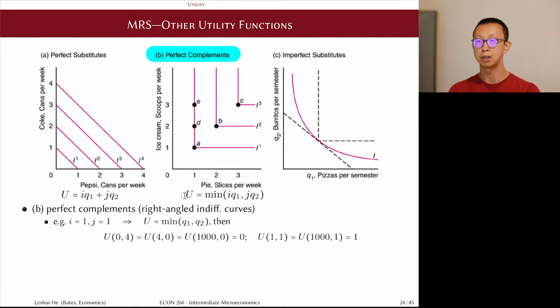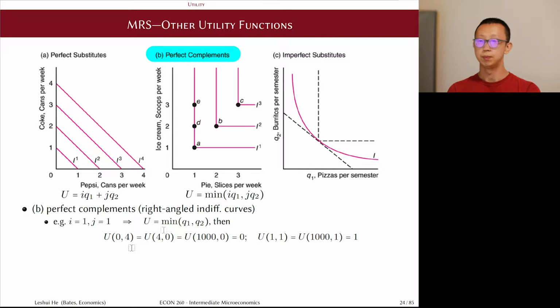The utility value is simply the minimum between some scaled versions of Q1 and Q2. And again, they're just scaled by some constants i and j. For example, if i is 1 and j is 1, then the utility function will look like the minimum between Q1 and Q2.